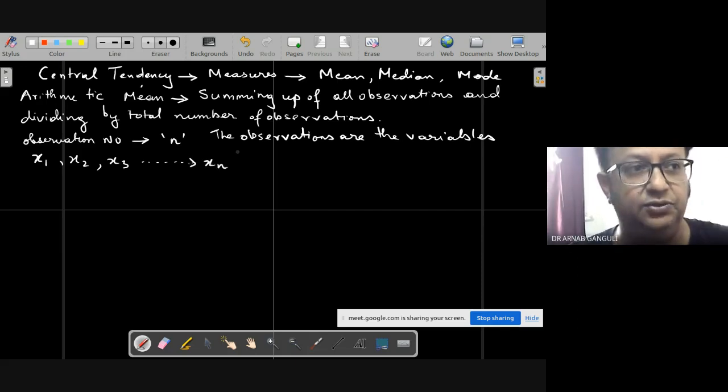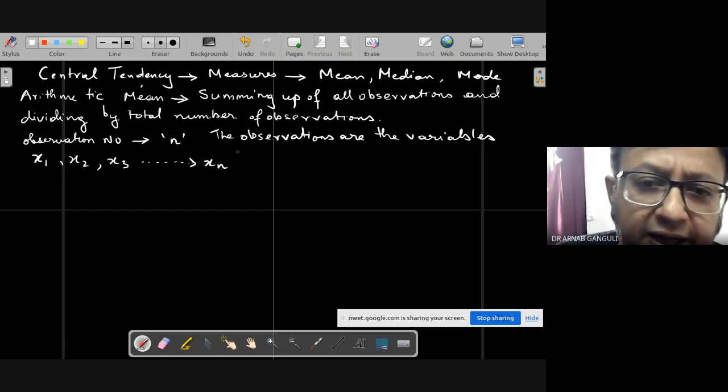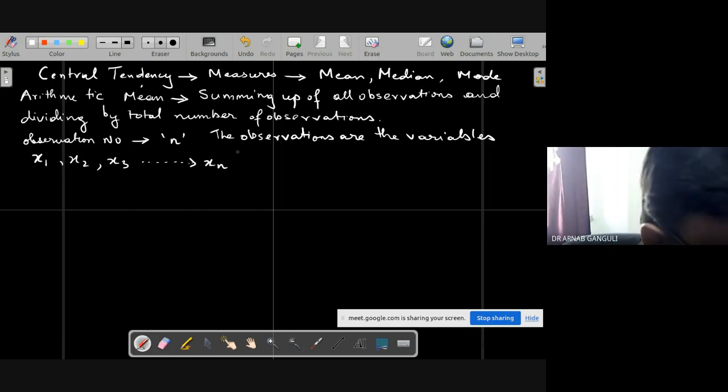It can be any values, any total number of values.